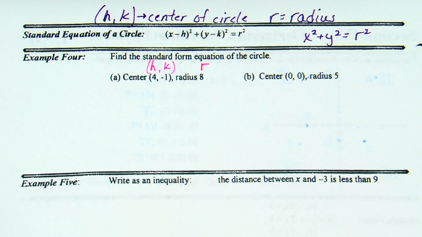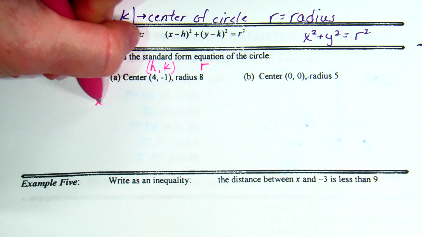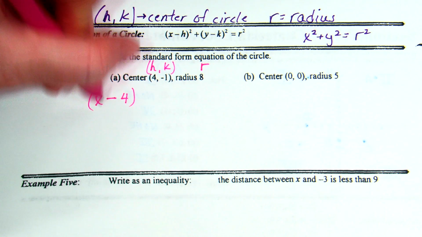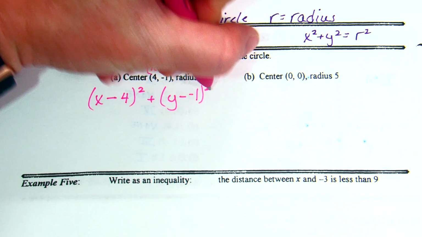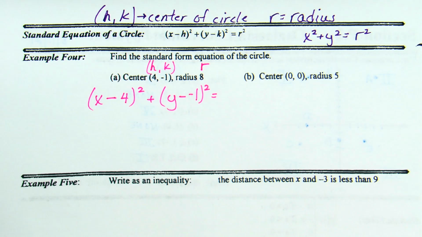Just like typical standard form equations, x and y are the variables, they stay. They're not going anywhere. So I'm going to say x minus, what's my h value? 4, quantity squared, plus y minus k, so this is y minus -1, quantity squared, equals r squared. So that's going to equal 8 squared.